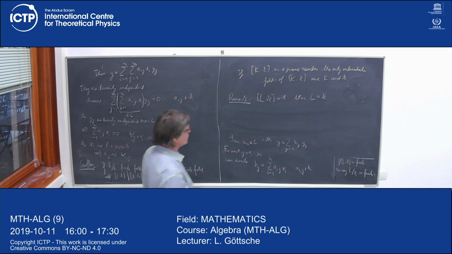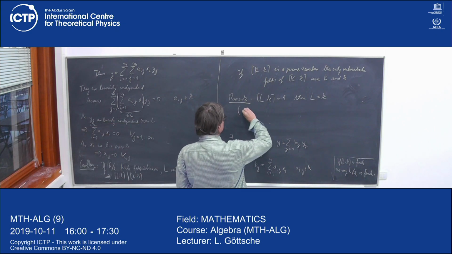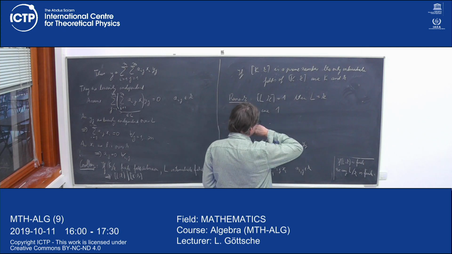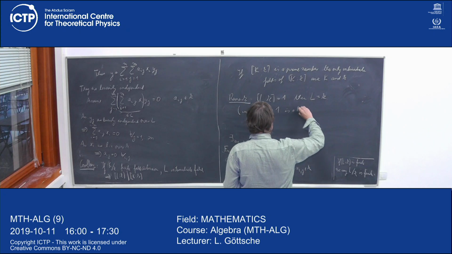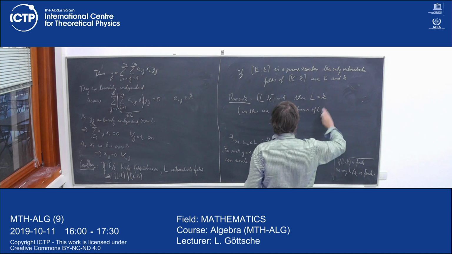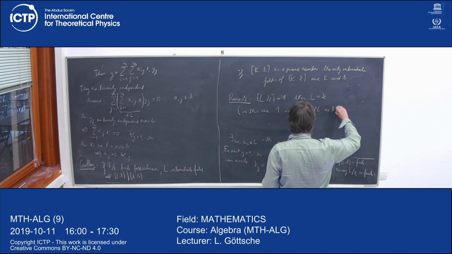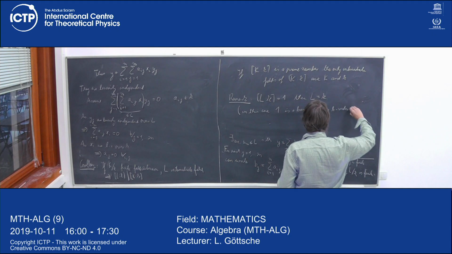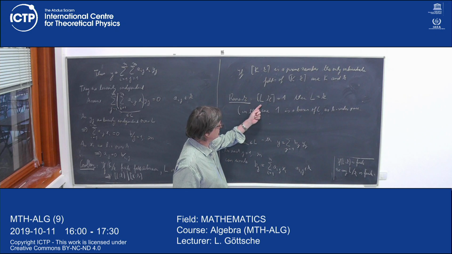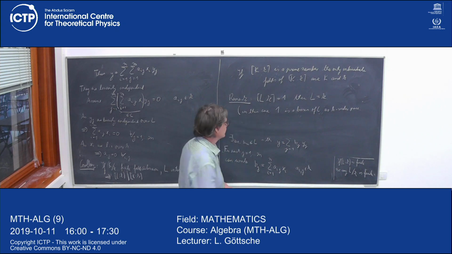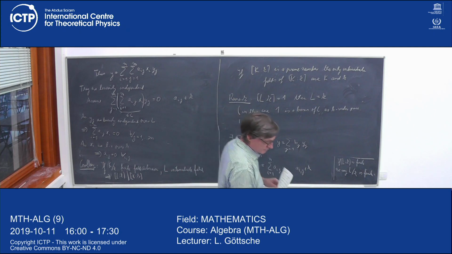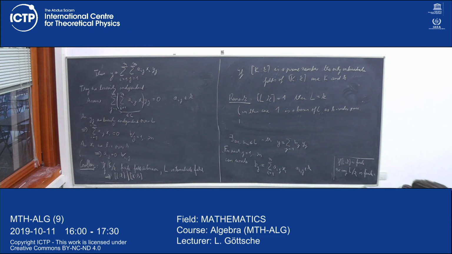This is just because clearly in this case 1 is the basis of L as a K vector space. So we can write every element of L as a multiple of 1.